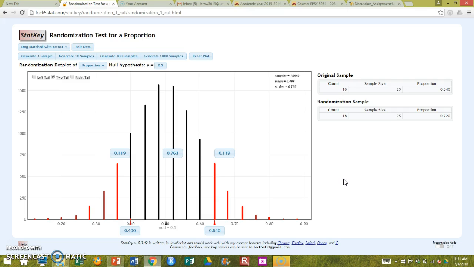I would say, maybe the proportion in the population is much greater than 50% or much smaller than 50%. So I need to look for symmetrical results in both tails, and I would get a p-value that's basically 2 times 0.119, or 0.119 plus 0.119, about 0.2398, something like that.